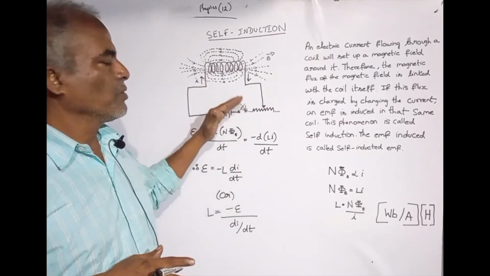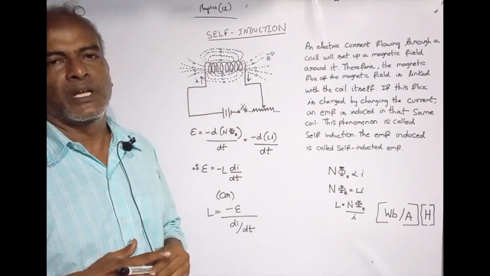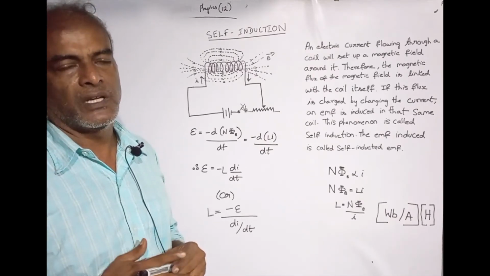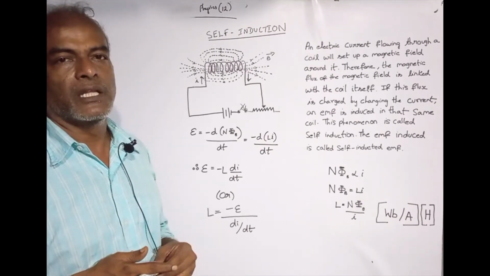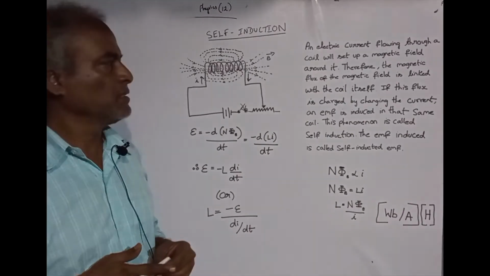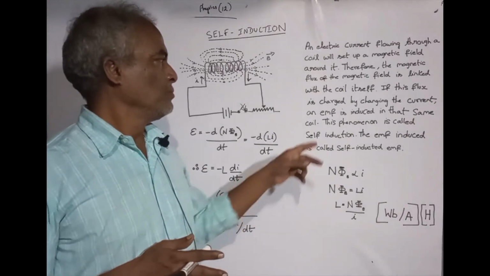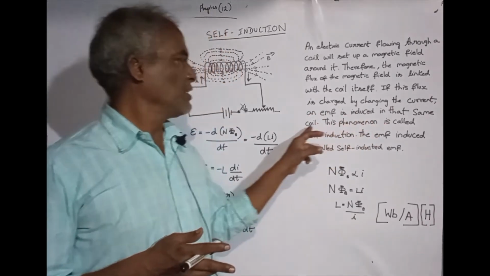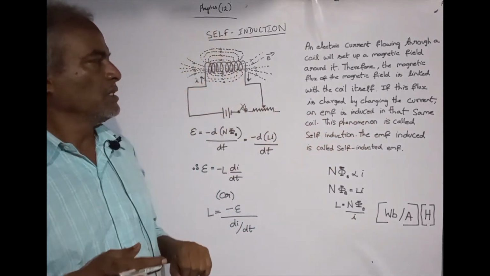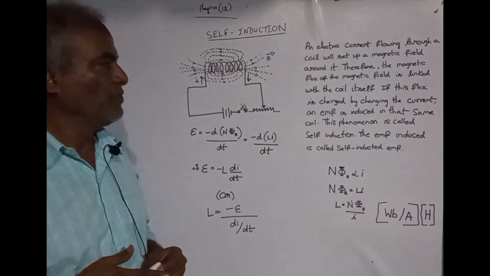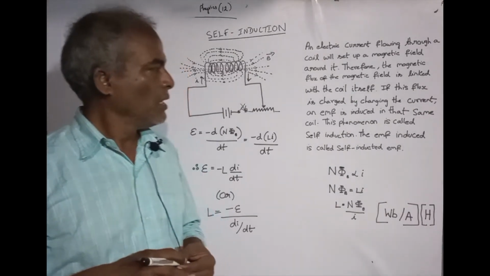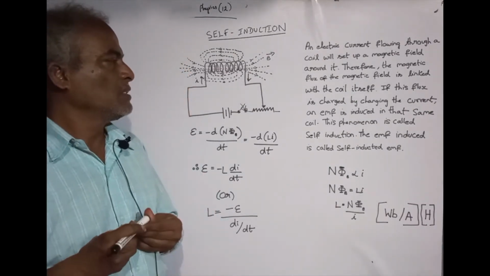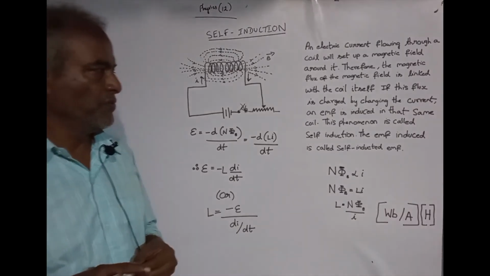That means if you keep on changing the rate of change of current, there will be a rate of change of flux. Okay. Changing the current, an EMF is induced in the same coil. This phenomenon is called self-induction. The EMF induced is called self-induced EMF.